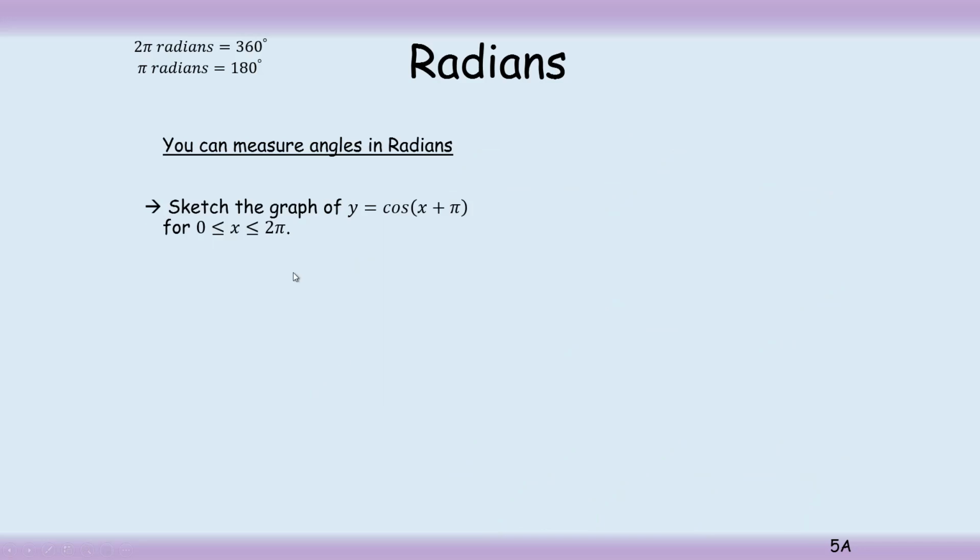Okay, so this example says sketch the graph of y equals cos of x plus pi. So first things first, sketch the cosine, cos of x. And if we sketch cos of x, it's a mirror in the y-axis, looks like that. If we add pi to it, it's within the function, so it's going to shift along the x-axis.